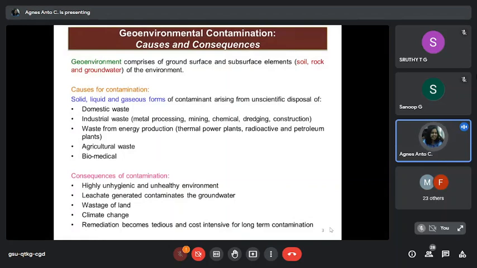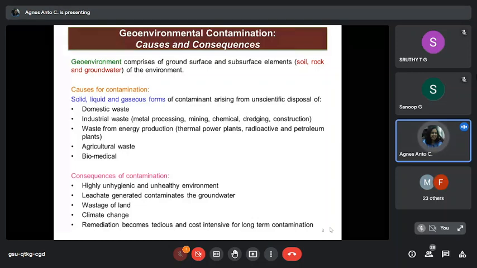Now, even though NGT has banned the burning of stubble and all vegetative residue of agriculture, it's still practiced in states like Haryana, Punjab, and UP, where in recent times life has come to a standstill because of air pollution, the particulate matter in the air. So even though there are regulations by the government, they are often not stringent enough, or are easily violated.